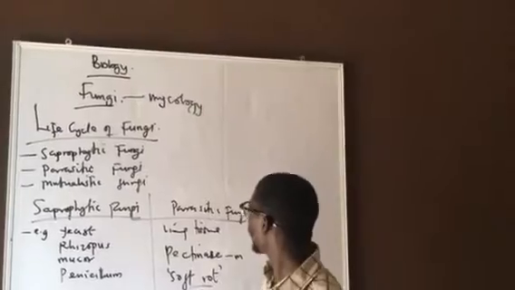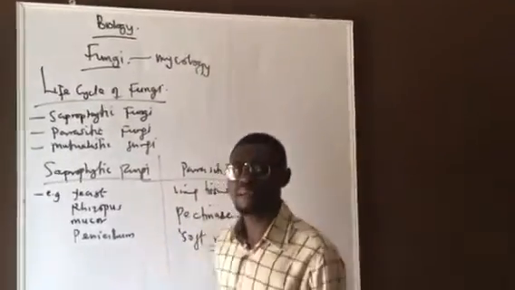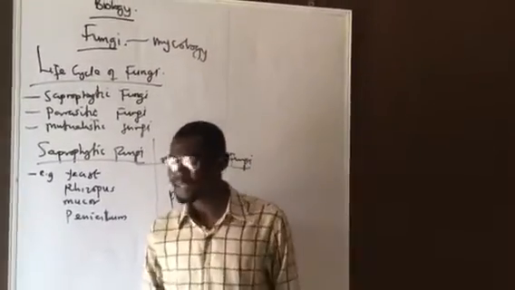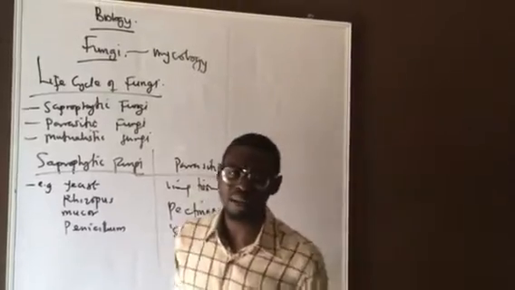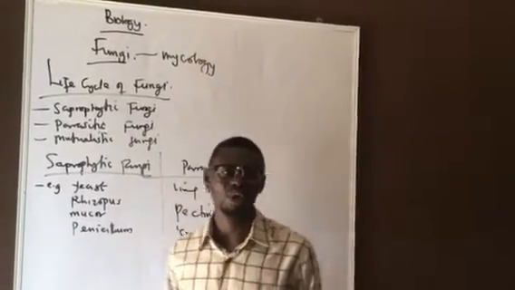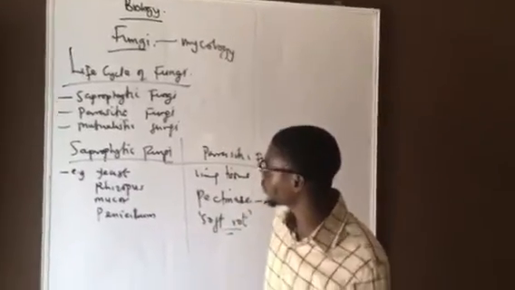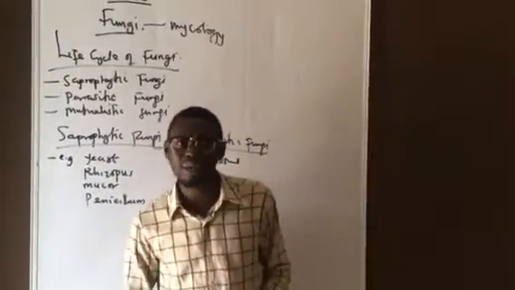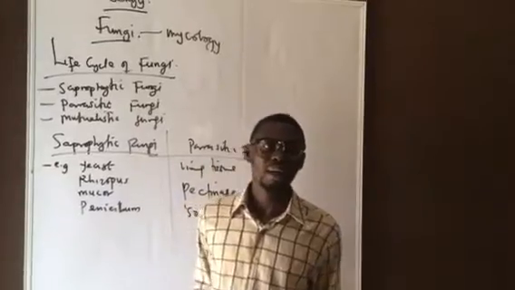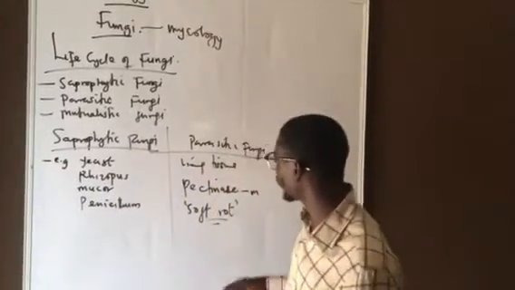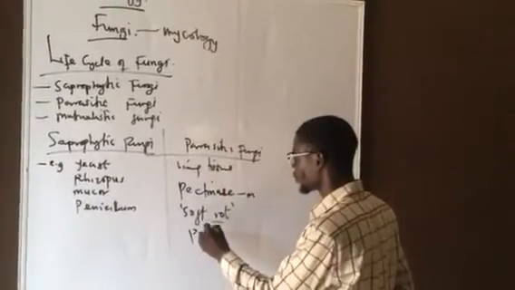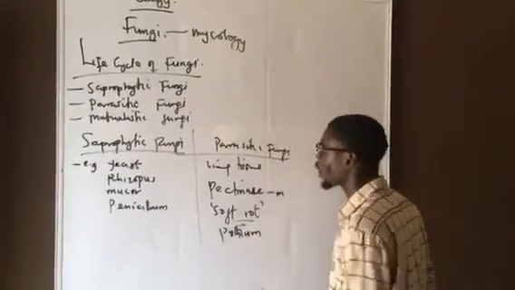An example of parasitic fungi is Pythium debaryanum. Another is Phytophthora infestans that causes potato blight. Those are examples of parasitic fungi.